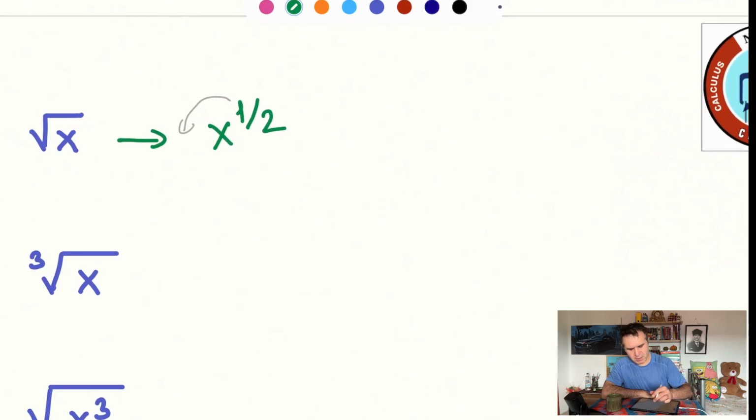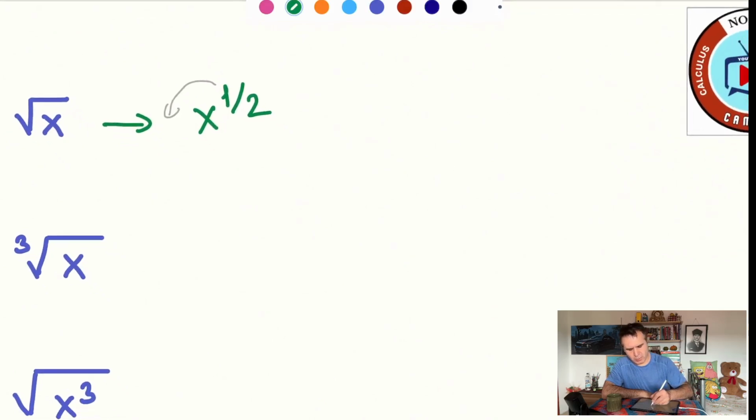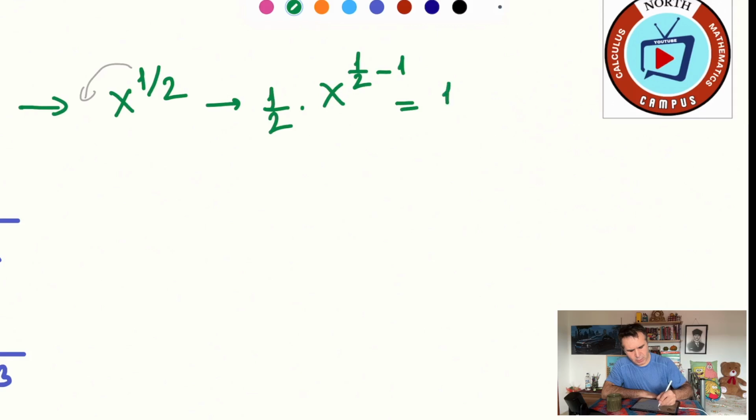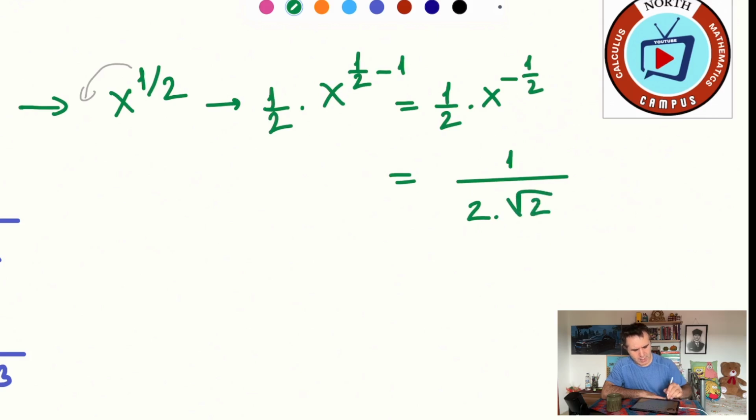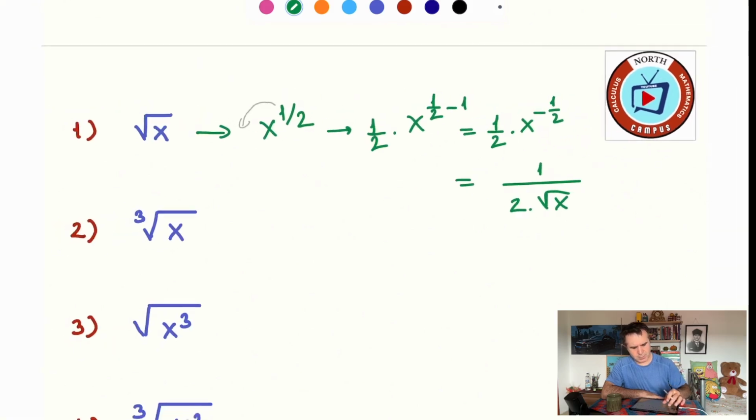So the derivative of x to the power of 1 over 2 is 1 over 2 times x to the power of 1 over 2 minus 1. Then this will become 1 over 2 times x to the power of minus 1 over 2, and this is equal to 1 over 2 times square root of x.